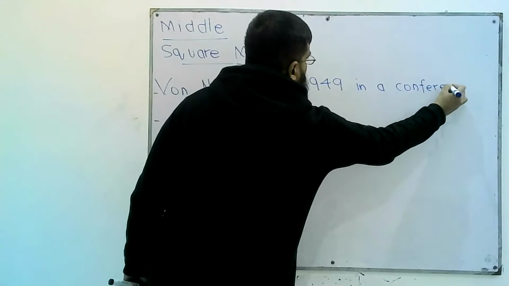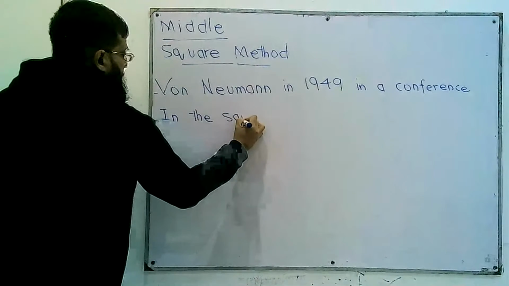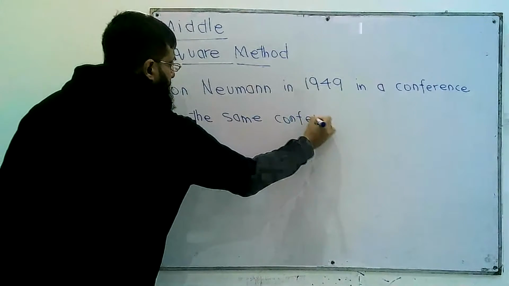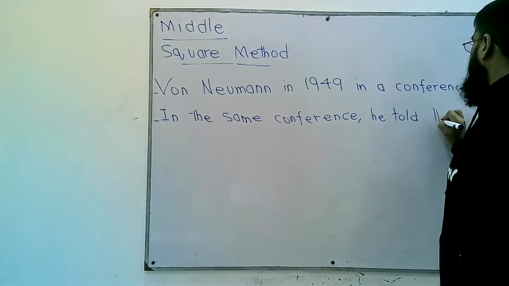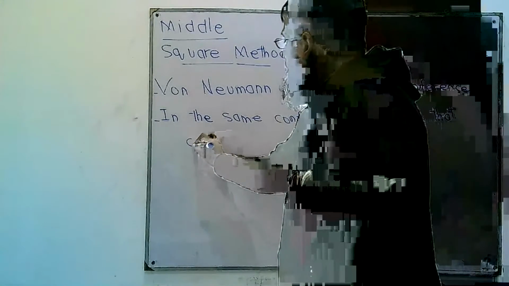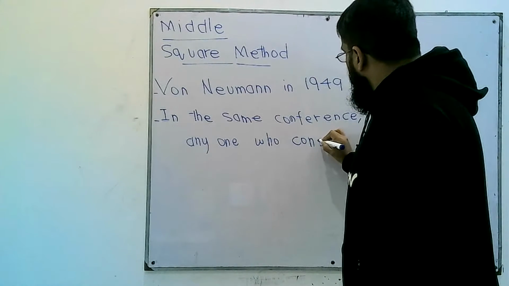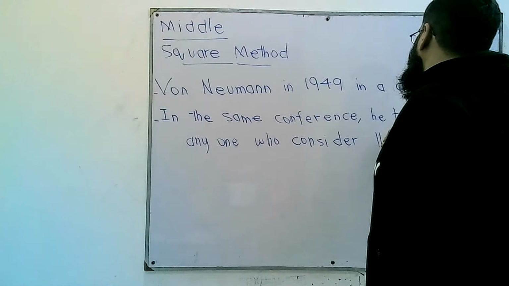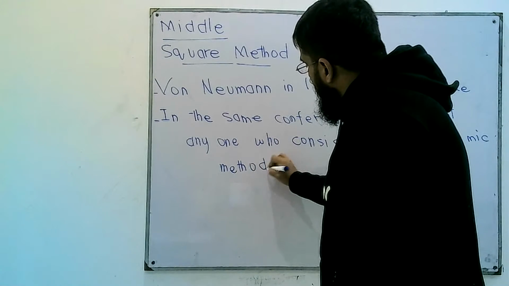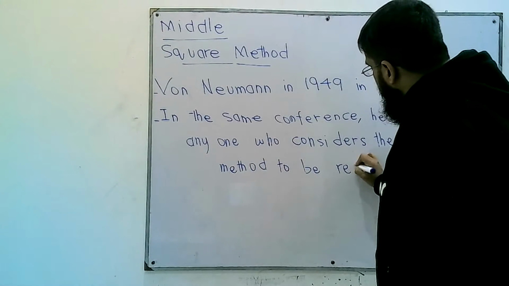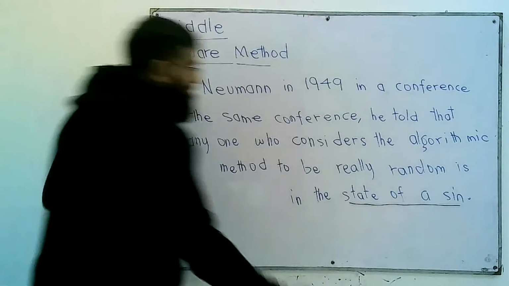उसी कॉन्फ्रेंस में उसने ये भी बताया, he told in the same conference that anyone who considers the algorithmic method to be really random is in the state of a sin.